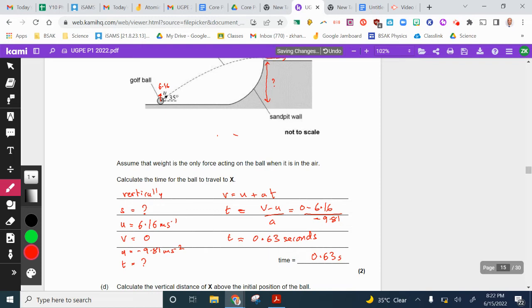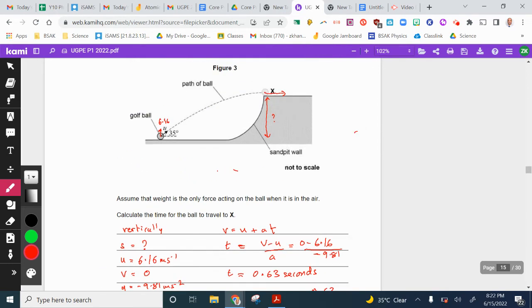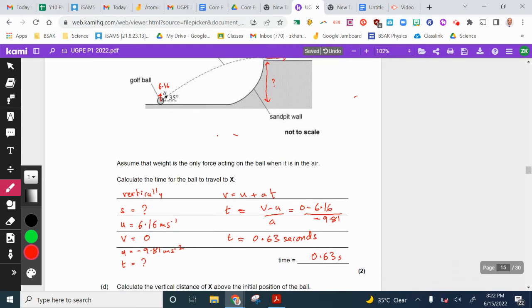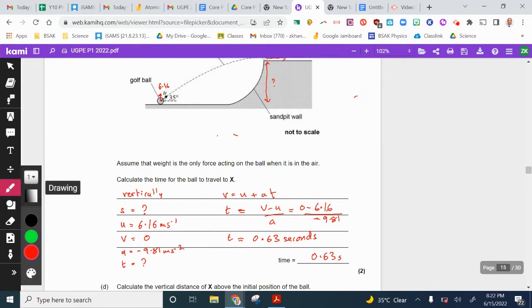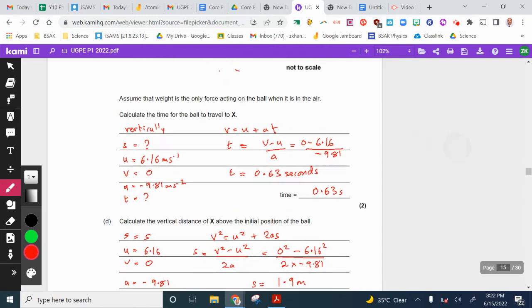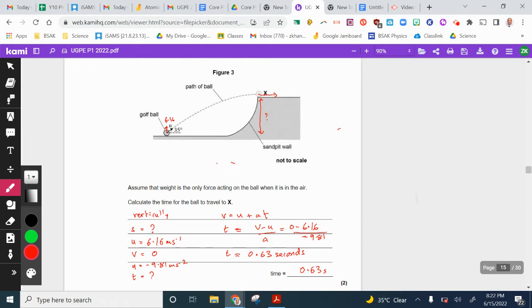Okay, and then we know that the final velocity when it reaches X is all horizontal, so there is no vertical component, so there is no velocity in the vertical direction.